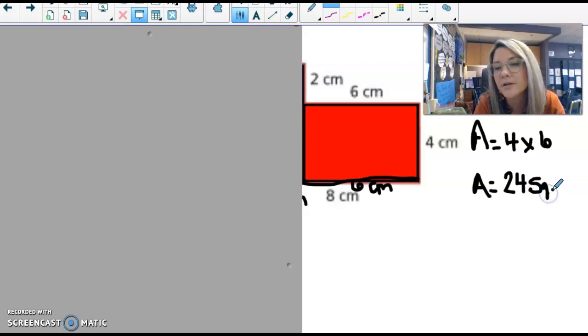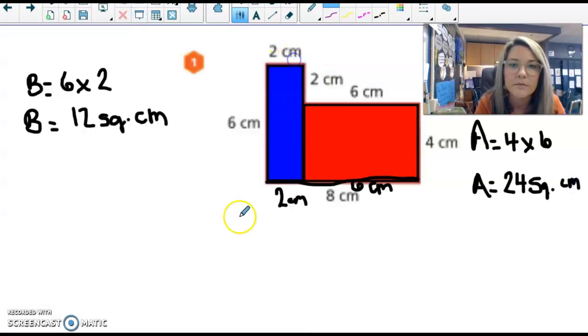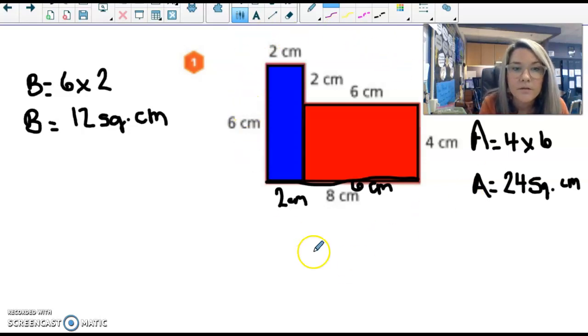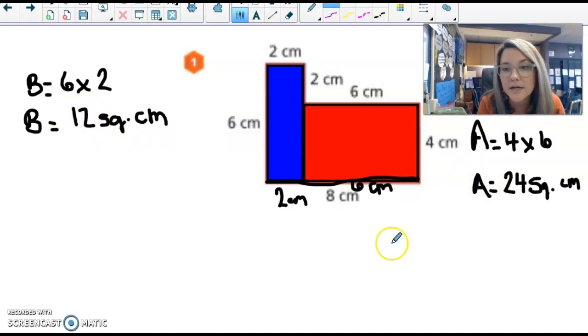Now, if I wanted to find the total area of this rectilinear shape, what would I have to do? Well, for the whole shape, I would have to add the area from the blue rectangle to the area of the red rectangle.